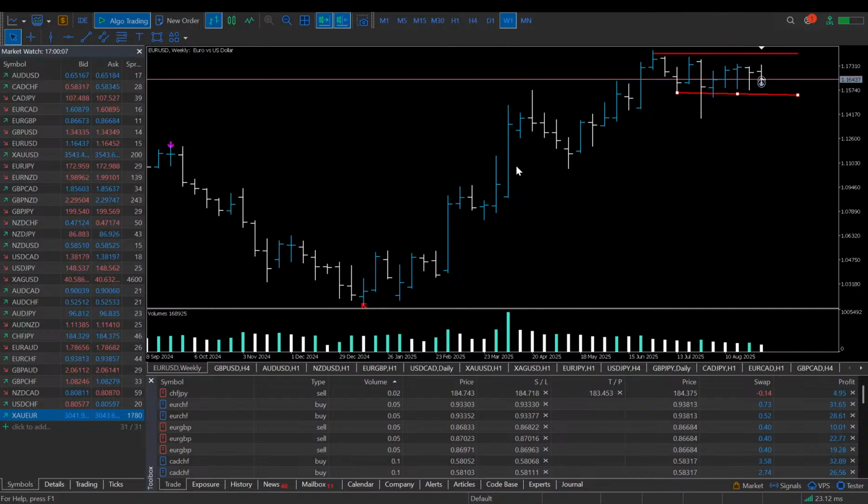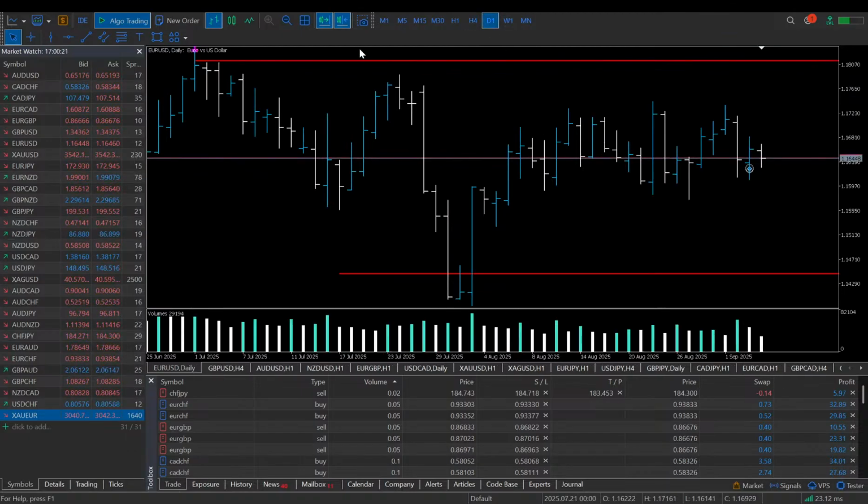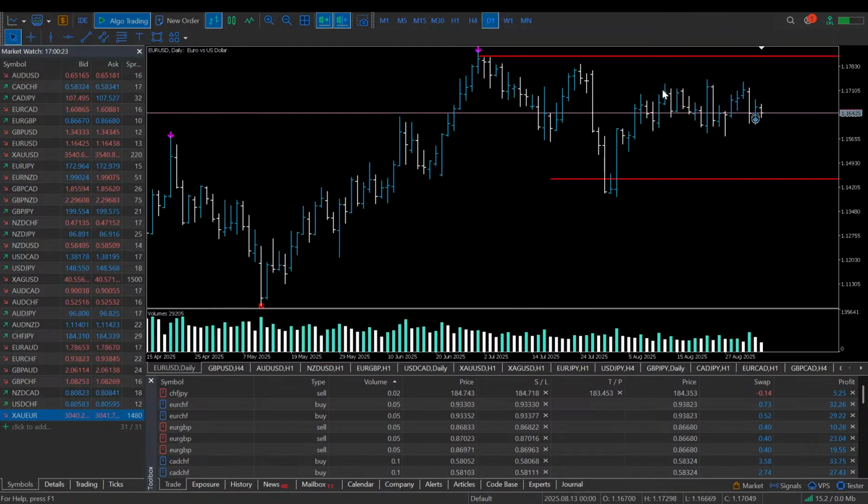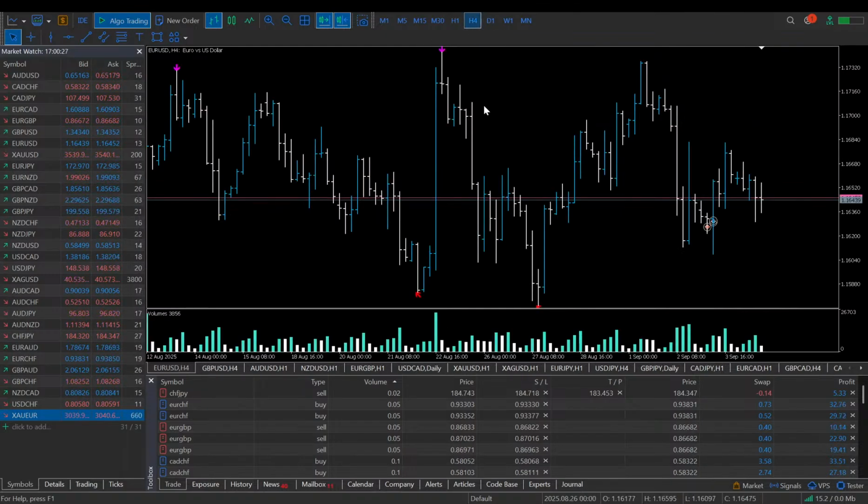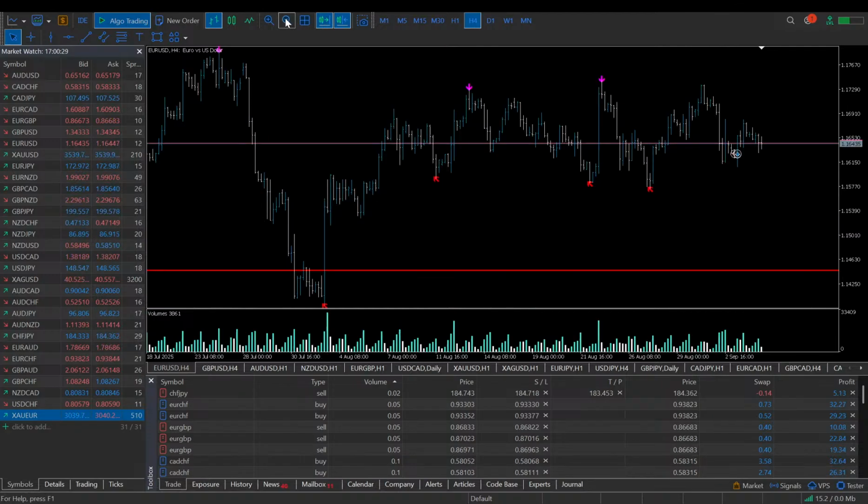Now this area is our focus area. Then we have my H4 or 1 hour time frame, and this is where that comes in handy.